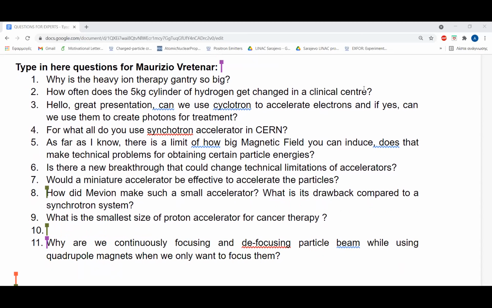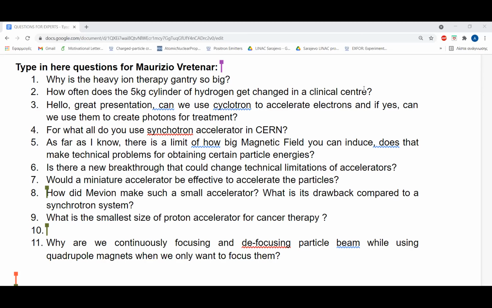Why are we continuously focusing and defocusing the particle beam when we only want to focus it? Good question. Unfortunately, you cannot only focus with a magnet. You cannot invent a fully focusing magnet. This is actually Murphy's law: you can't win.